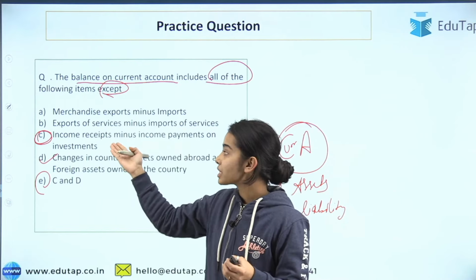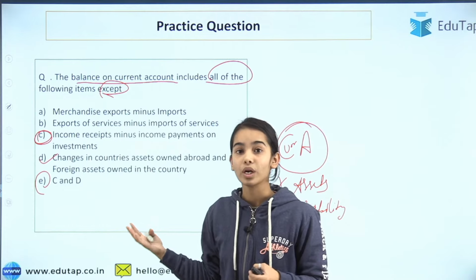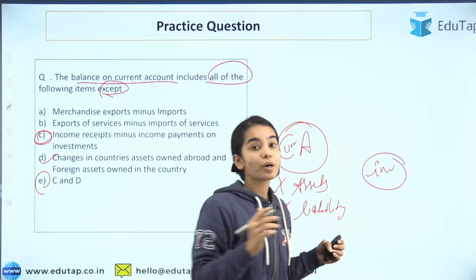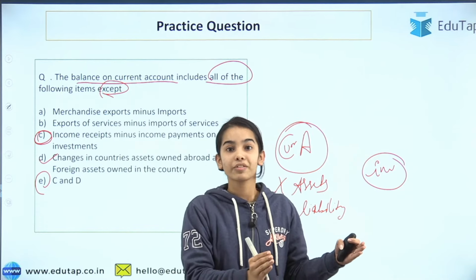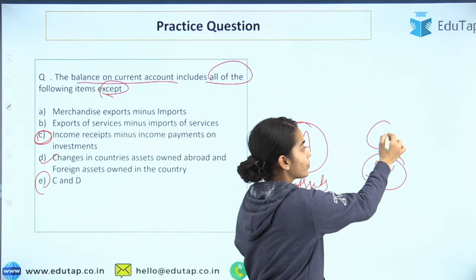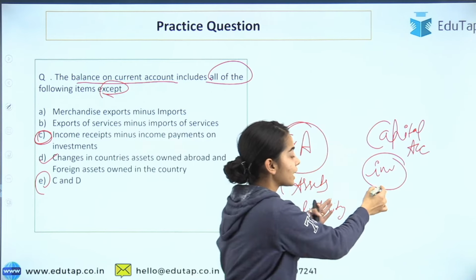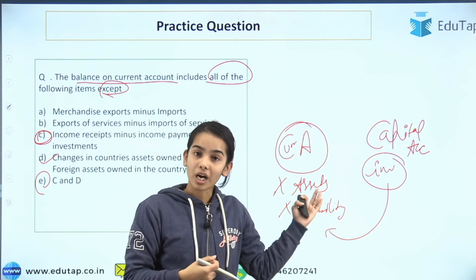So the income receipts, are they creating any asset or are they creating any liability? No. If we are talking about the investment, here we are not talking about the investment. Here we are talking about the income receipts that we are getting from the investment. So investment should go in the capital account, but the income or the profits that we are getting from the investment should come in the current account.